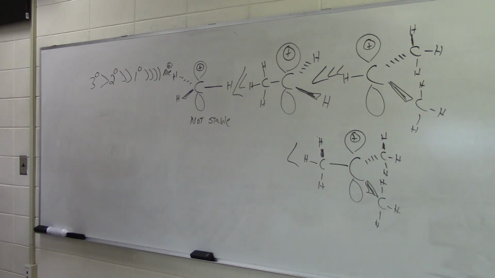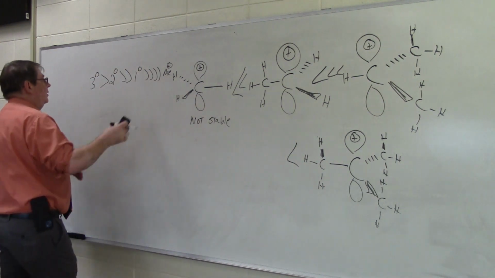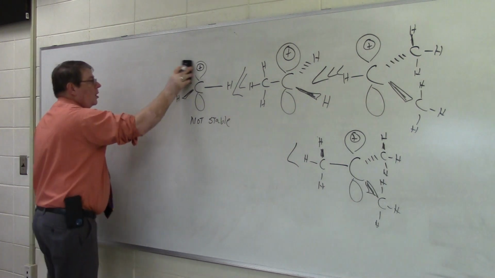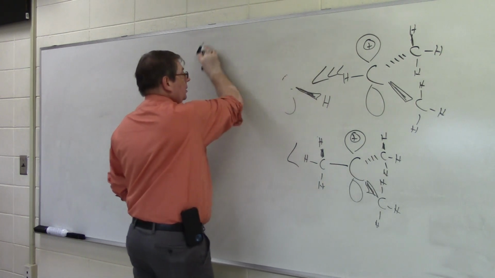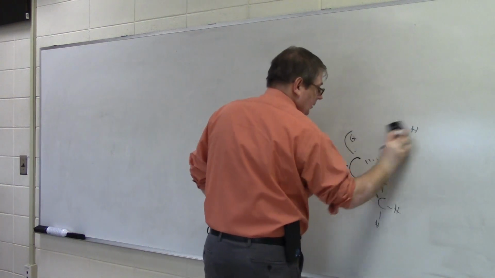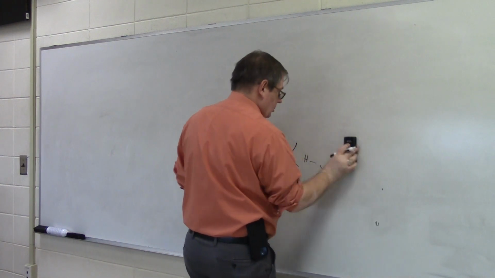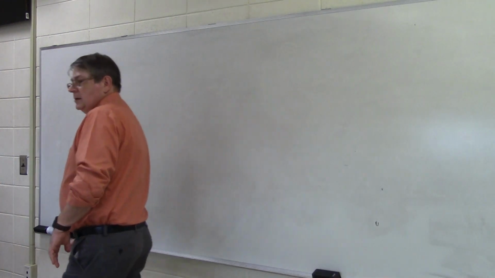Anything that can delocalize that positive charge will help stabilize it, okay? And so we see examples of this, right? I told you about a cardinal rule of carbocations. And what was that cardinal rule? What was the cardinal rule of carbocations?